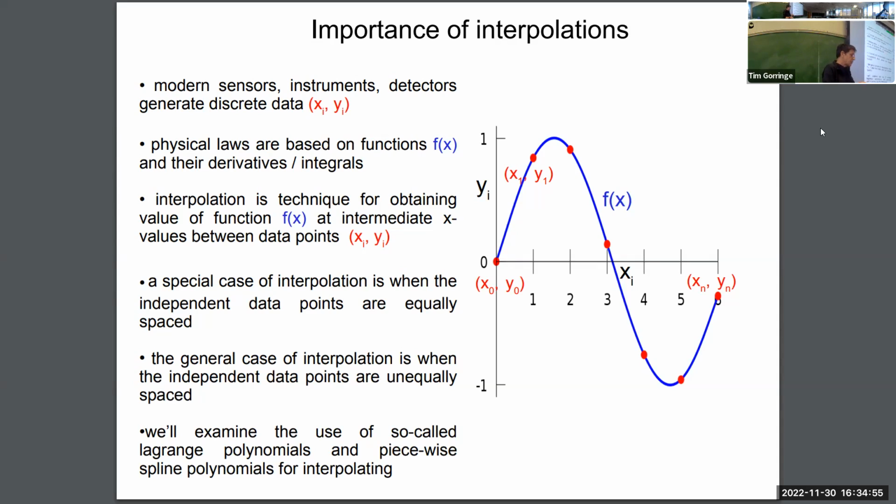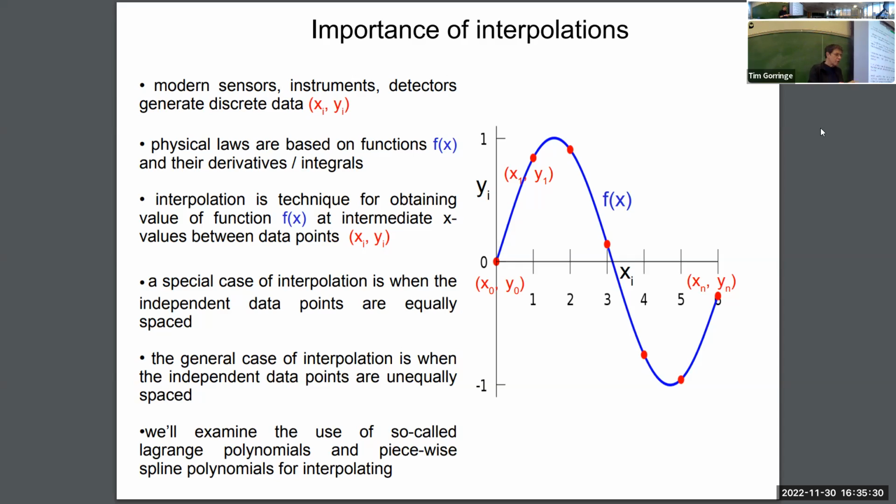Or they might give us a discrete array of voltages versus time in discrete times and discrete voltages. But physical laws, physical understanding involves continuous functions and laws involving differentiation and integration of continuous functions. So we're interested in the continuous function underneath these discrete data.